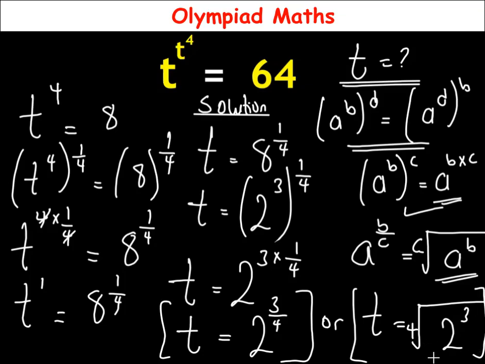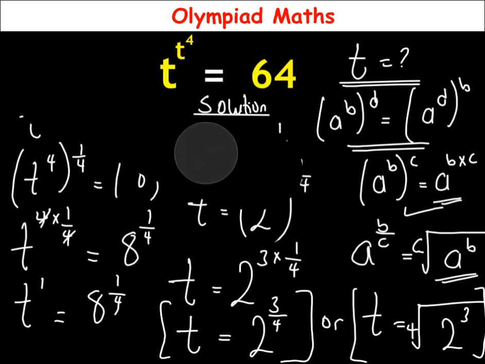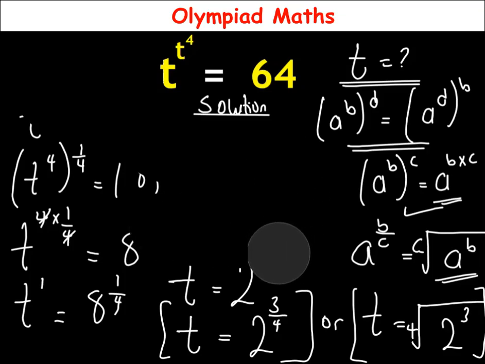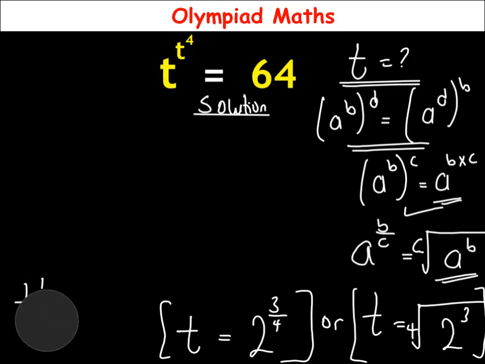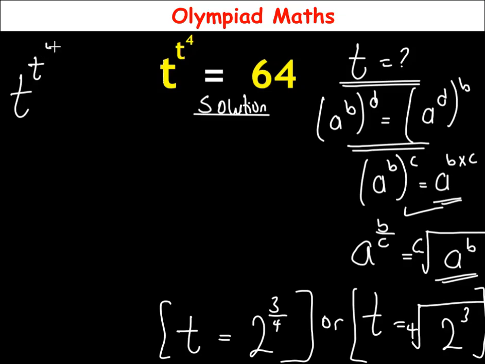Now, since we've gotten the answer for t, let's check if this value of t that we got, if raised to power t, then power of 4, will it give us 64? Let's confirm. We have t raised to power t raised to power 4 is equal to 64.